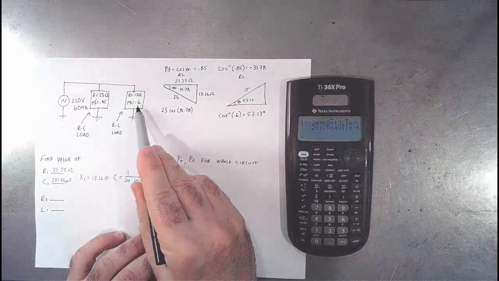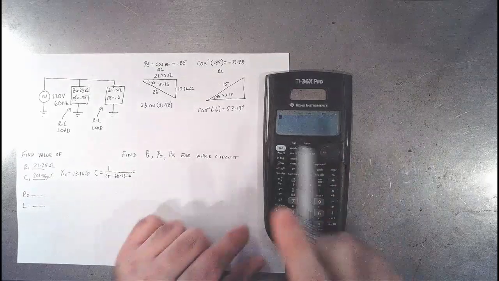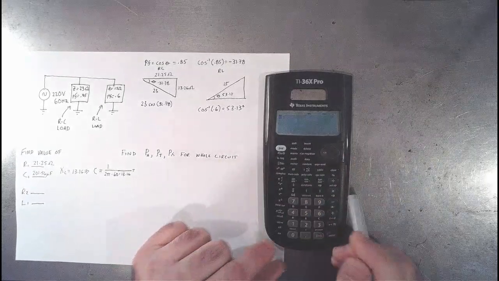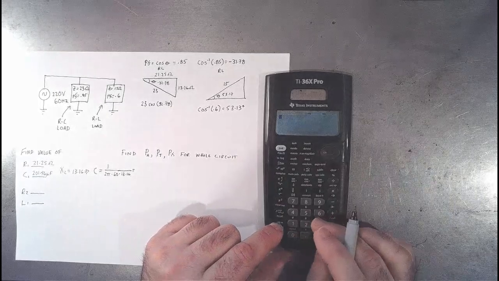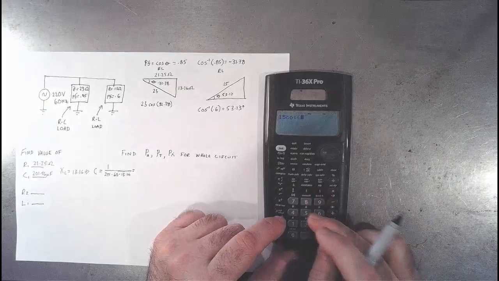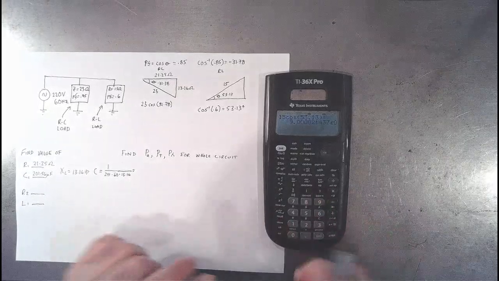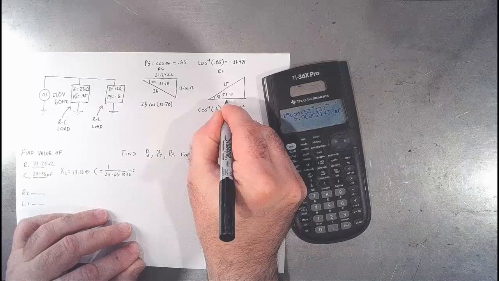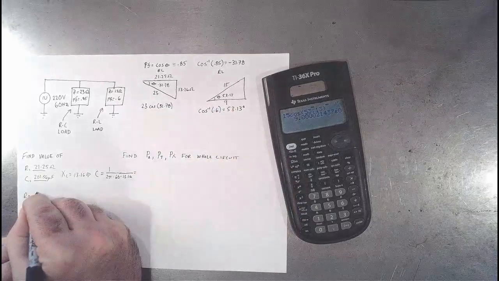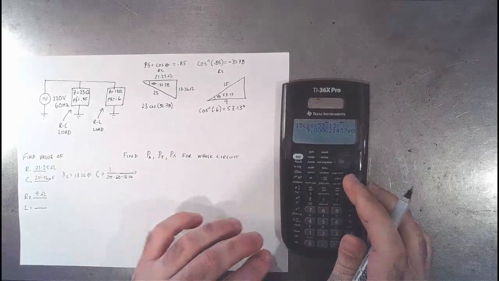Well, let's look at this load now. We've got to do the same thing over here. To get the real part of that triangle, that's the resistive part, it's going to be 15 ohms cosine of 53.13. And that is 9 ohms. All right.